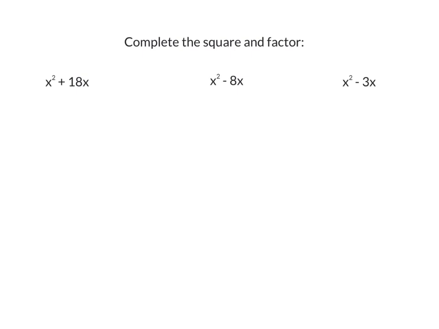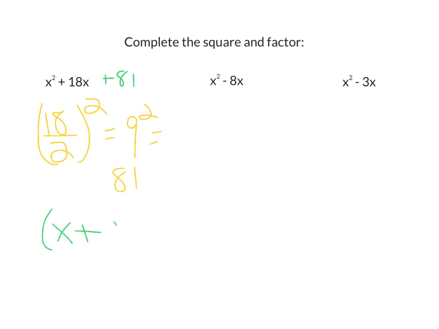So looking at the example of x squared plus 18x, I'm going to take my 18 and half it to get 9, and then I'm going to square 9. 9 squared is 81, which means in order to make a perfect square trinomial, I need to add 81 onto the end of my binomial. When I factor it, I'm going to end up with (x + 9) squared.